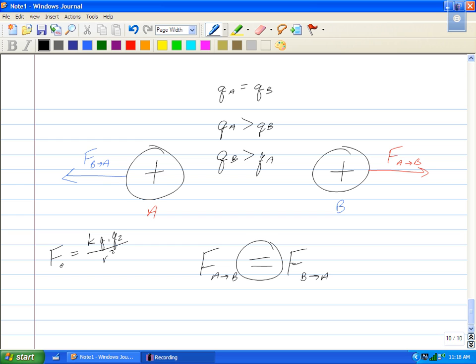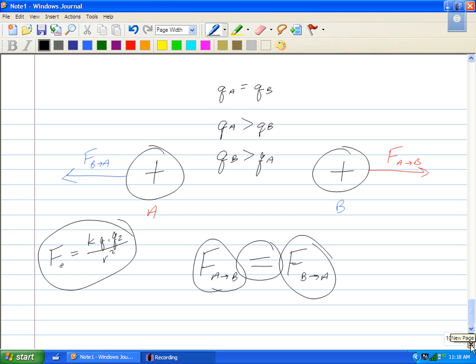It's action-reaction pairs, right? The force of A on B is equal and opposite to the force of B on A. And they both equal K Q1 Q2 over R squared. And so even if Q1 is much larger than Q2, both Q1 and Q2 figure into the equation to determine how strong the force is. And because they're an action-reaction pair, they're going to be equal and opposite on each other.